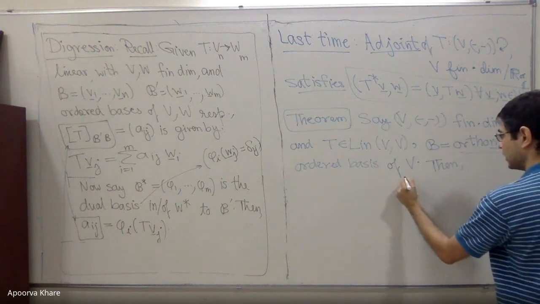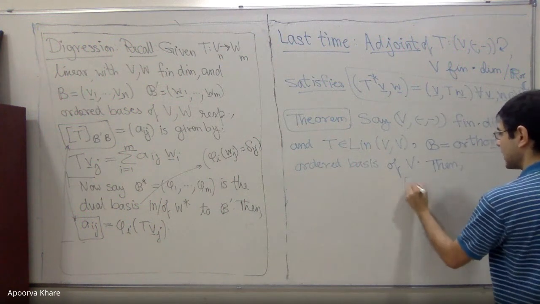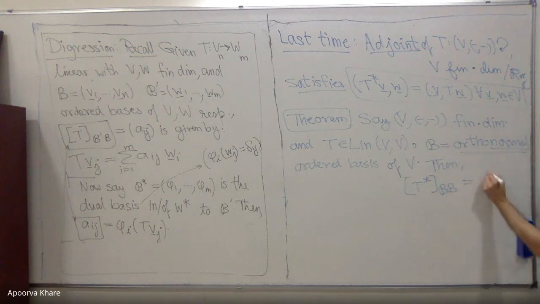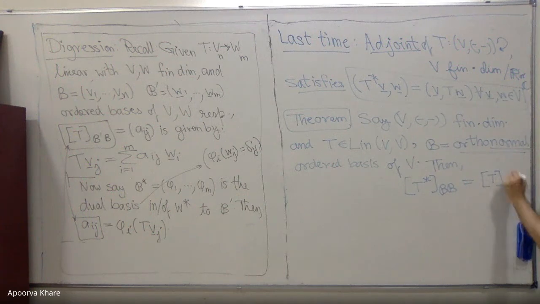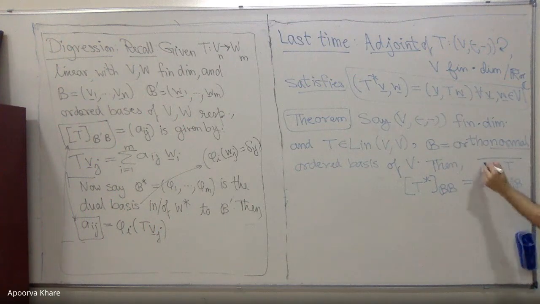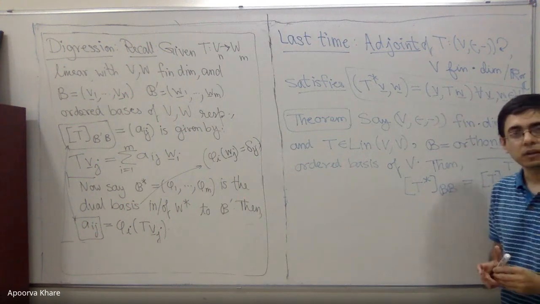Then I'll put it here. The matrix of T*. What I can do is the following. I take the matrix of T, BB. I take the transpose of this matrix and I take the bar. Okay, so this is the conjugate transpose or the transpose conjugate of the matrix of T.